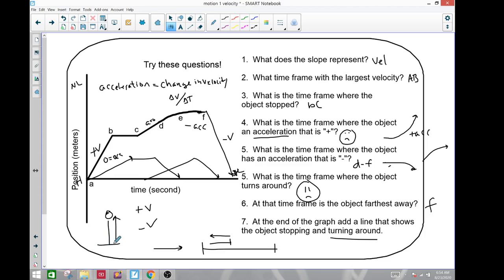This turnaround is pretty fast. That might be like this guy right here, as opposed to something where you drive to Charlie's, stop, eat, and drive home. So turning around is something that you want to be somewhat cognizant of.